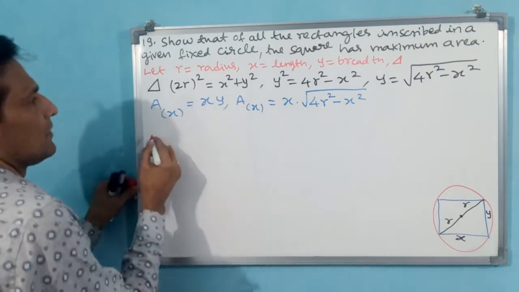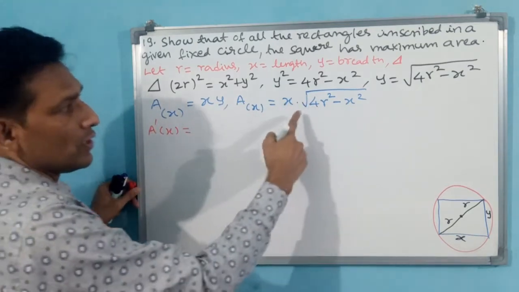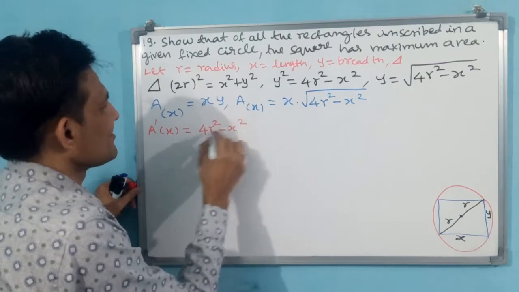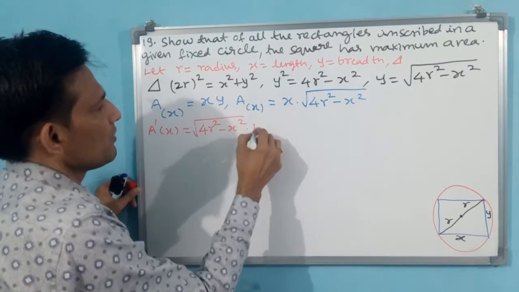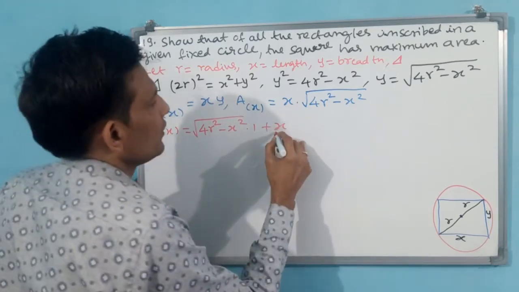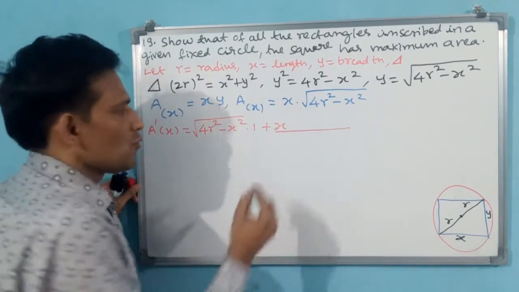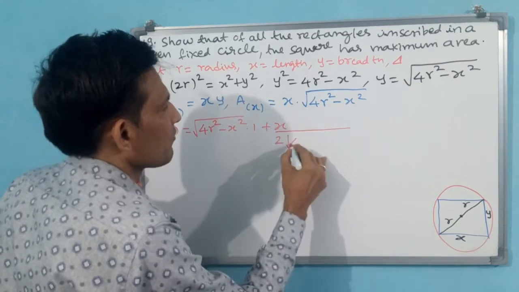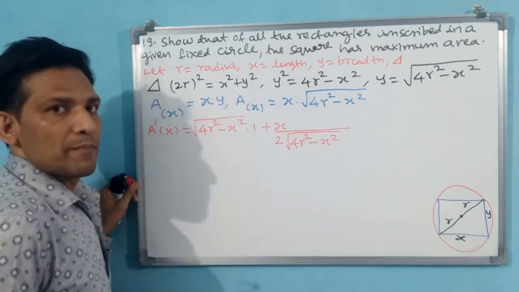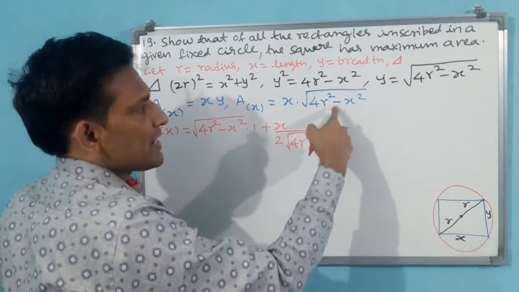A dash x is equal to, you see, u into v form is there. d by dx, u means 1 plus u, carefully you do here. You see, d by dx of root x is 1 by 2 root x, times root of 4r square minus x square. Again inside, d by dx of 4r square minus x square, that means minus 2x.